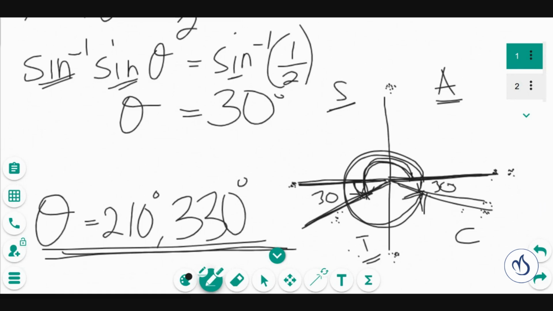Those angles are the final answers. You can prove it on your calculator. Press sine of 210, you must get negative a half. Press sine of 330, you must also get negative a half.